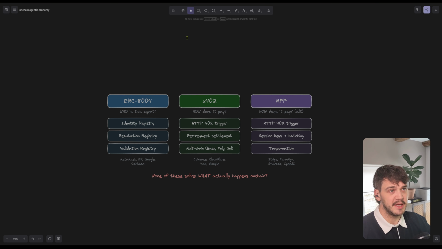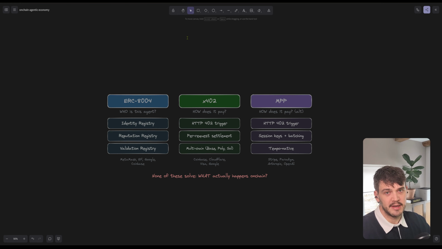Who is the agent? The registry here lives on Ethereum mainnet. It went live in January of 2026, and it creates three on-chain registries for AI agents. An identity registry, which is basically a directory where the agent gets an ERC-721 token linked to the metadata.